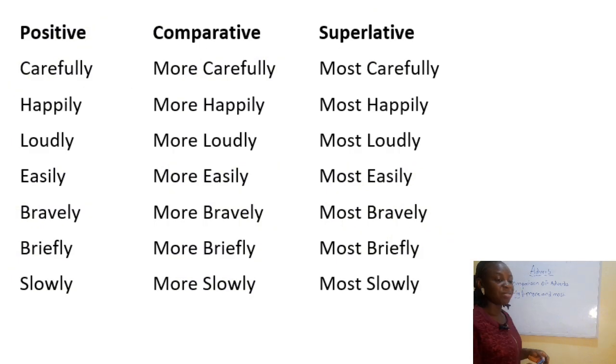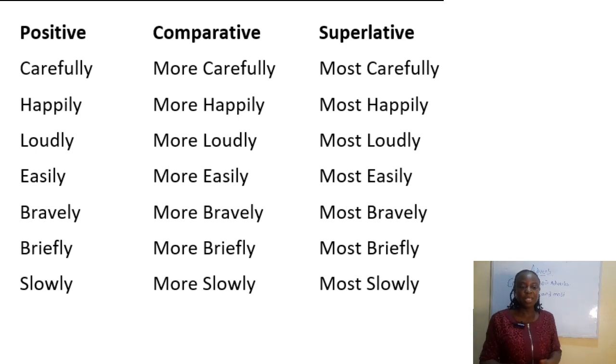Let's look at examples of such adverbs. We have the positive, the comparative, and the superlative. Carefully: how do we form the comparative? More carefully. The superlative, most carefully. Happily, more happily, most happily. Loudly, more loudly, most loudly.